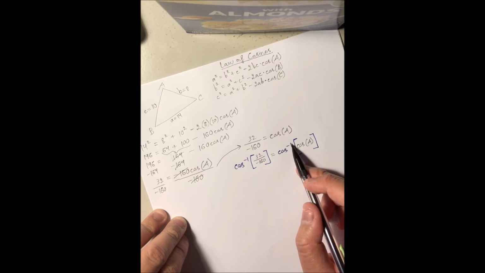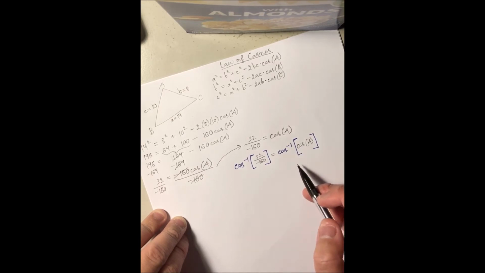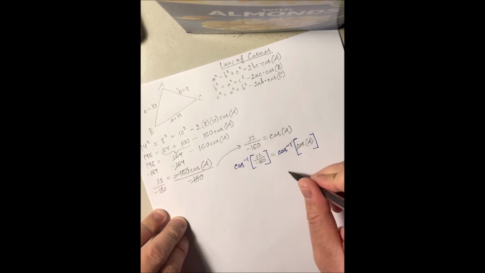Cosine inverse of a cosine function automatically cancel each other out. So the right hand side is going to be equal to angle capital A.